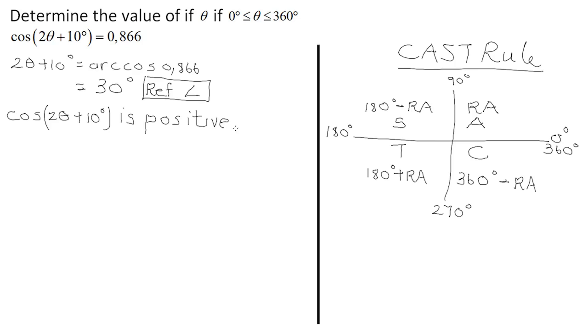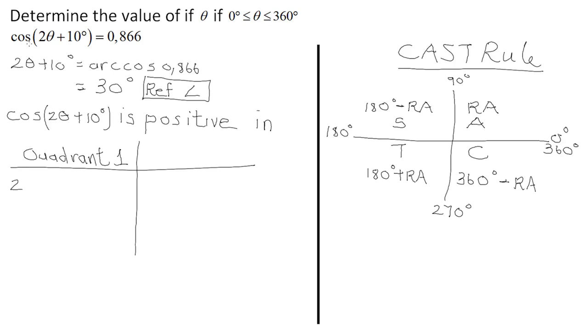Because there it's given as positive. Now what I normally do is I draw a small line here and then I split it. And I'm going to focus on quadrant number 1 because that is where cos is positive. Quadrant number 1, you're dealing only with your reference angle.